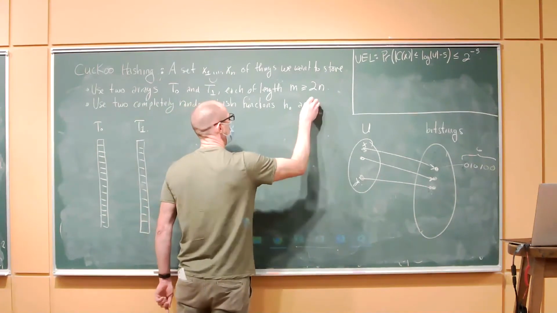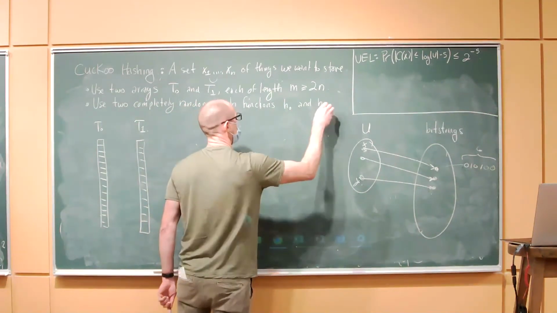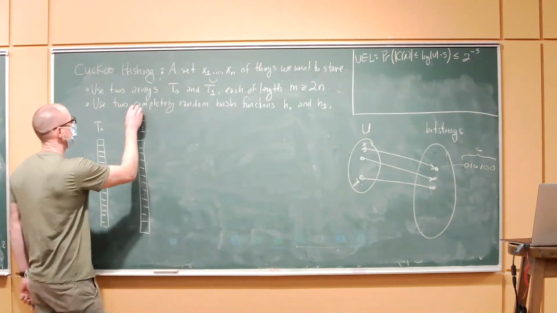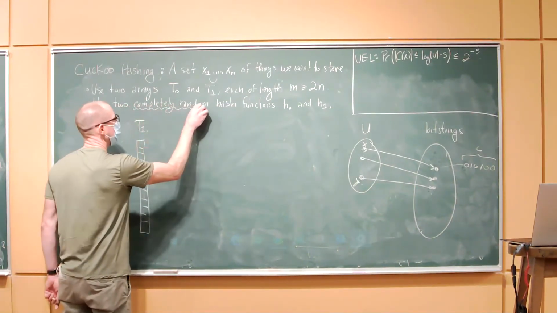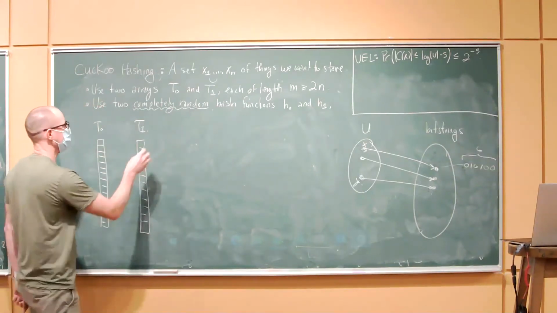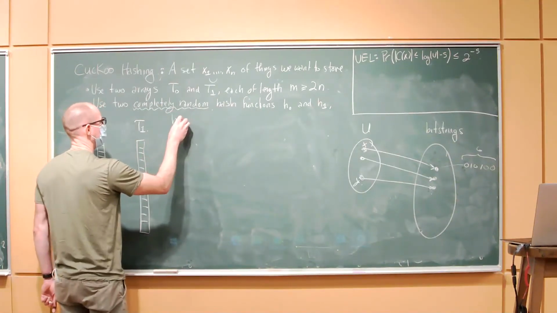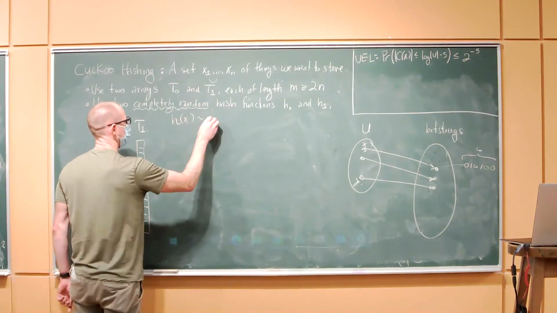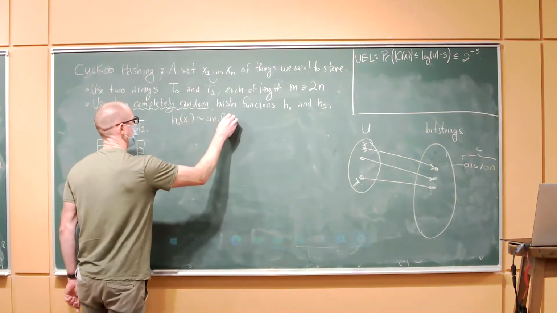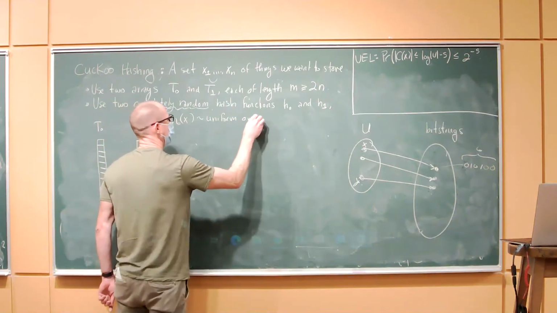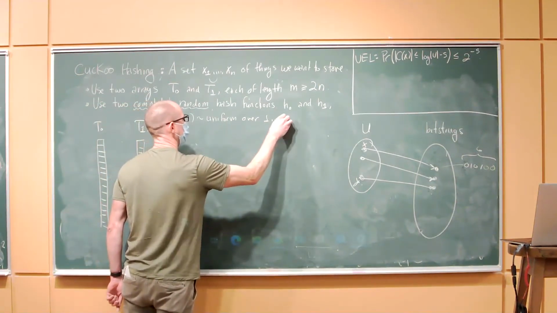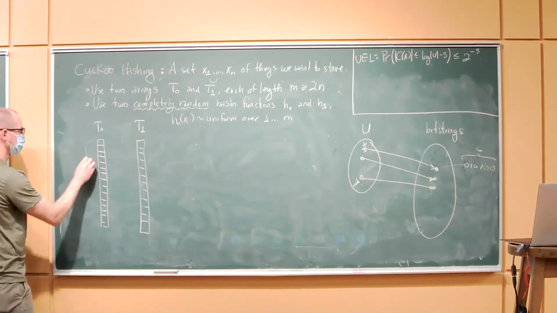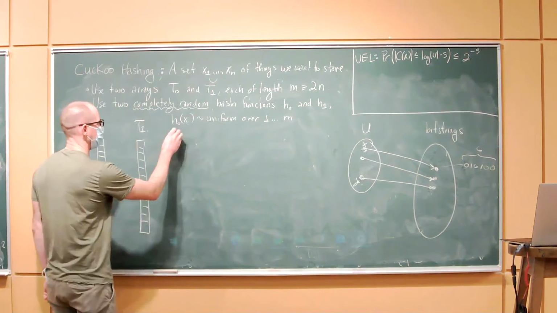H0 and H1. Okay. What does that mean, this completely random business? This means that H0 of x is uniform over these possible m table rows here. And the same thing with H1 of x.